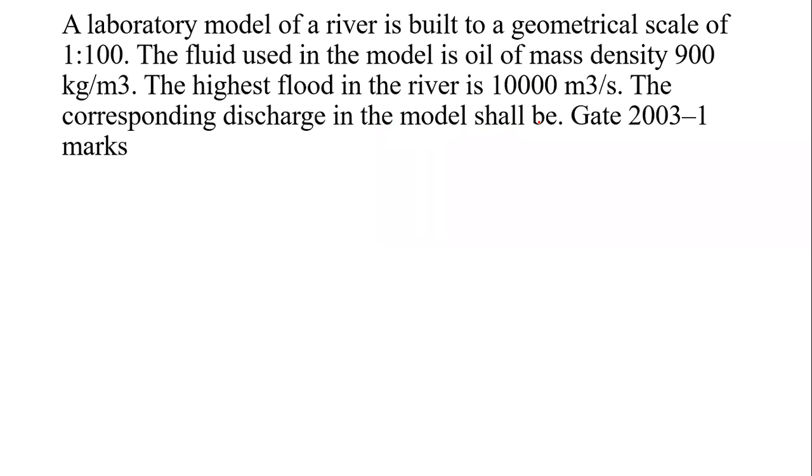Firstly, understand the phenomenon here. What did they give? A laboratory model of a river is built, so the length scale ratio is given to us. LR, that is LM by LP, is equal to 1/100. If the model length is 1 meter, the prototype will be 100.